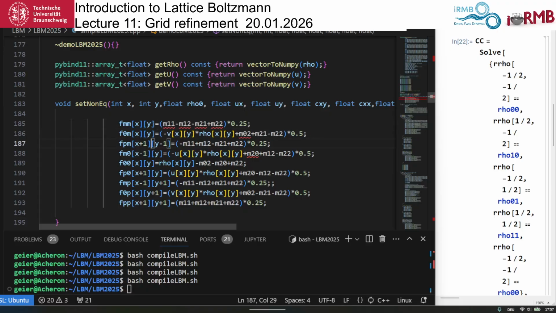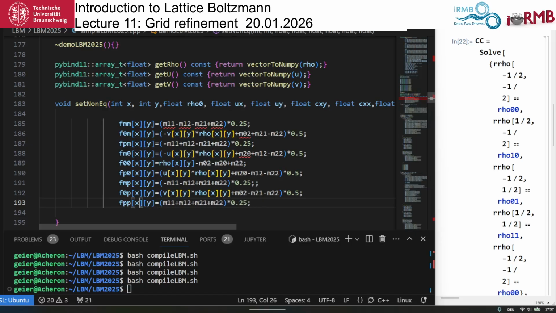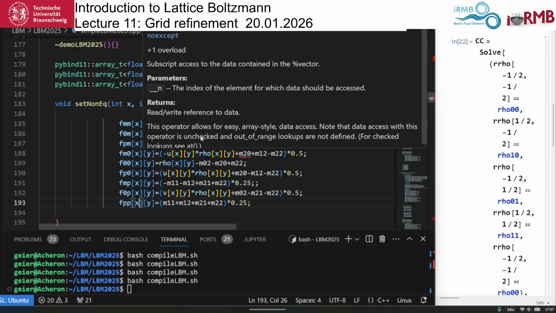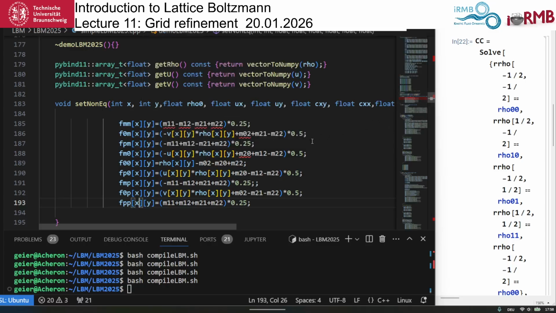We want to have it here. So now we are also completely dependent on that these things here actually are correct, which we don't know.